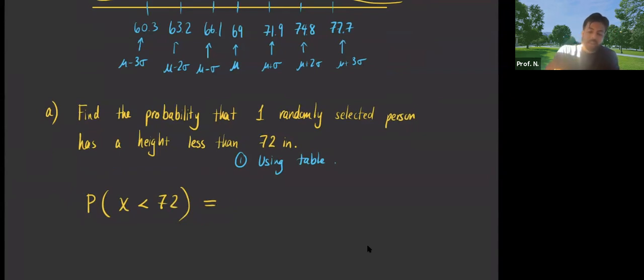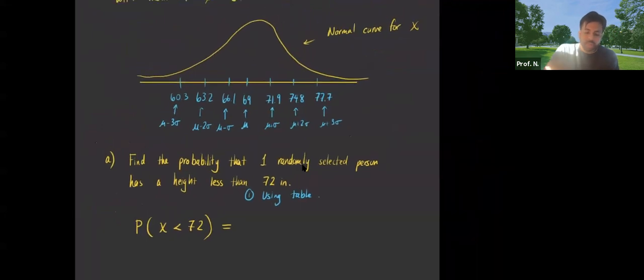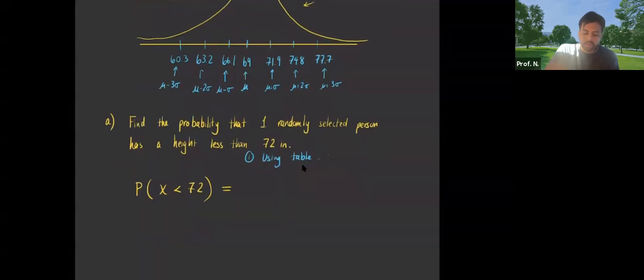Well, remember, the table is only utilized when you have a standard normal. This is not standard normal. This is just normal. Standard normal is, remember, when the mean is 0. But my mean here is 69. So what's the idea?